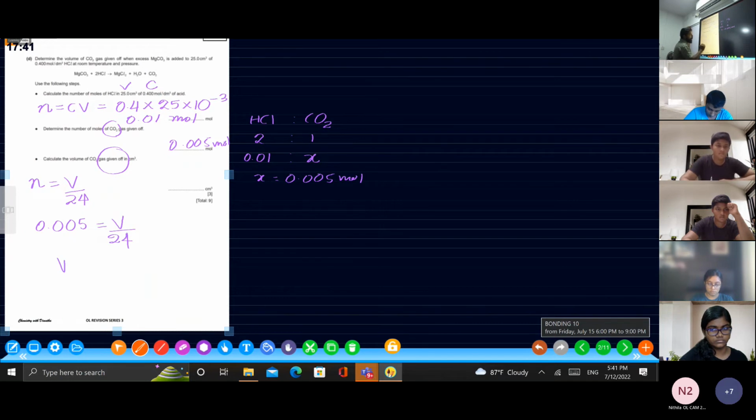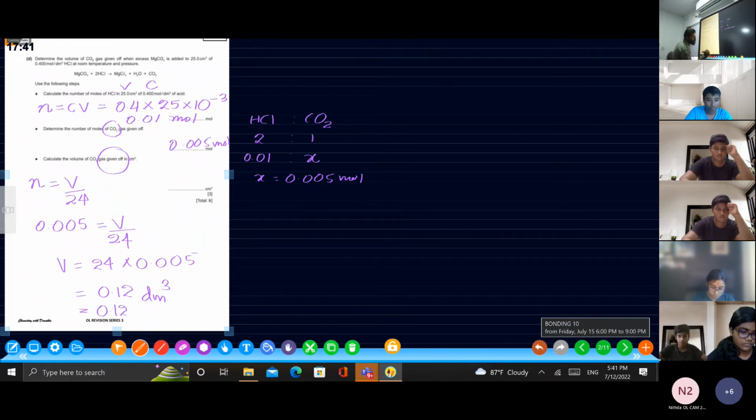So the volume will be 24 into 0.005, which is 0.12 dm cube. They have asked for the answer in cm cube, so I have to multiply this by 1000. Therefore, the answer is 120 cm cube.